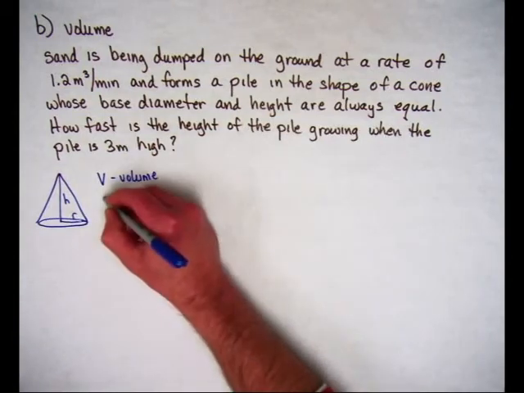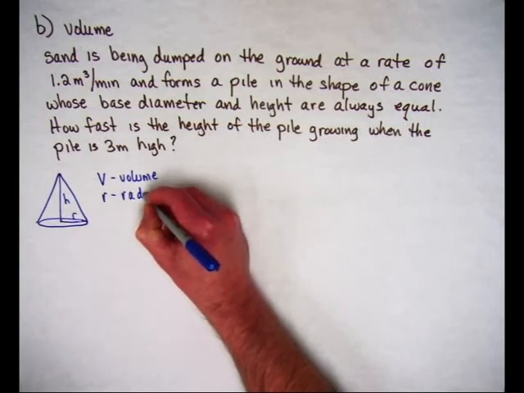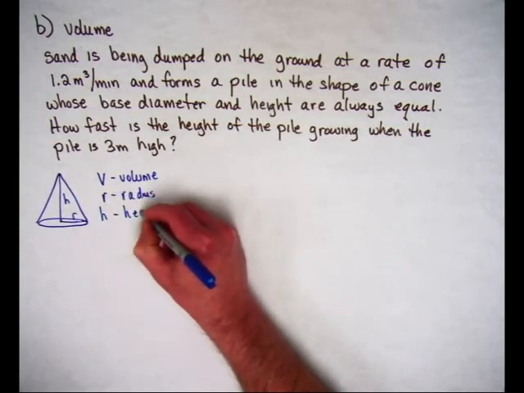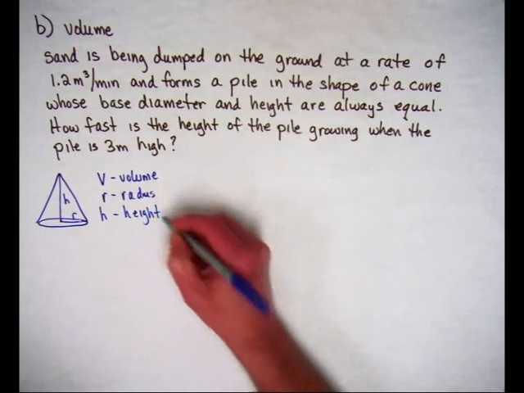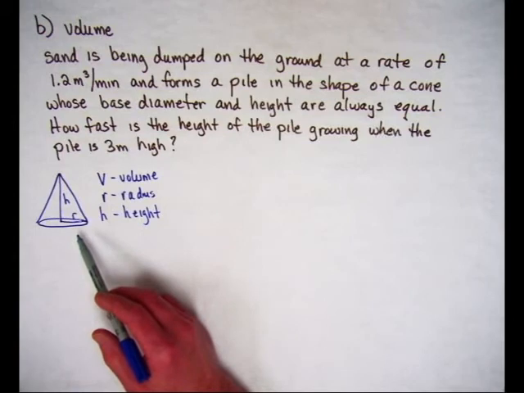So I'll use the variable r for radius, and the variable h for height. Again, on an exam, you don't need to necessarily write down your variable statement if you have a diagram that indicates what your variables are. So I would accept that.